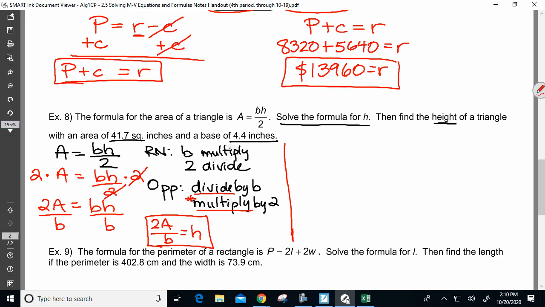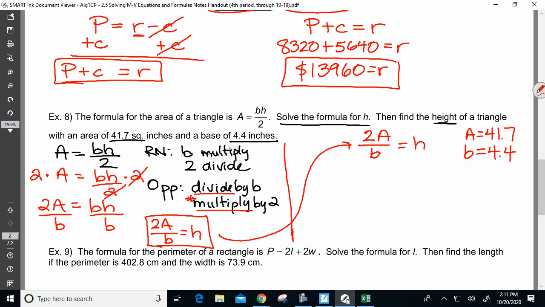So, now that we know what H is equal to, now that we have H by itself, we use it for the second part of the problem. Find the height of a triangle with an area of 41.7. So that means A is 41.7 and a base of 4.4. So B is 4.4.